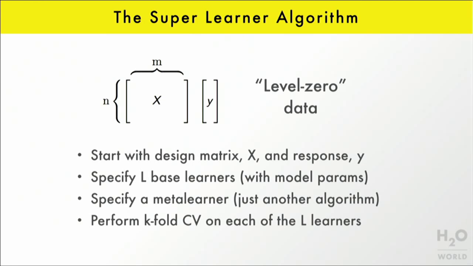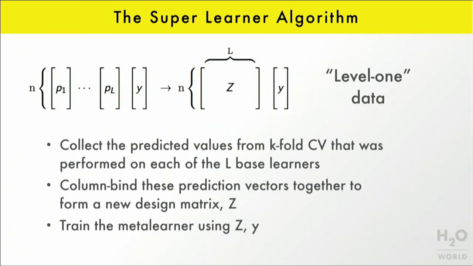So each learner produces these columns that are n long. Here I'll show you the next picture, which describes what I'm talking about. Those P1 through PL are the cross-validated predicted values, and you squish them together into a new matrix, which we'll call Z, and then you do another round of machine learning.